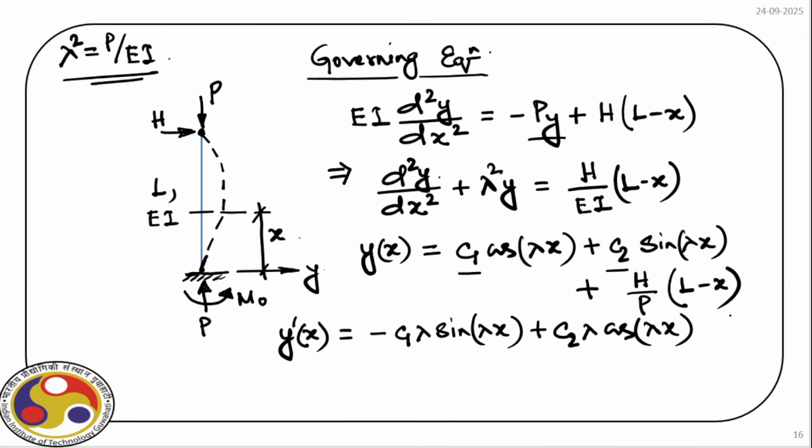And then from the last term we have minus H by P. Okay, so the boundary conditions are x equal to 0, we have y is also 0, and x equal to 0, we have y prime is equal to 0.